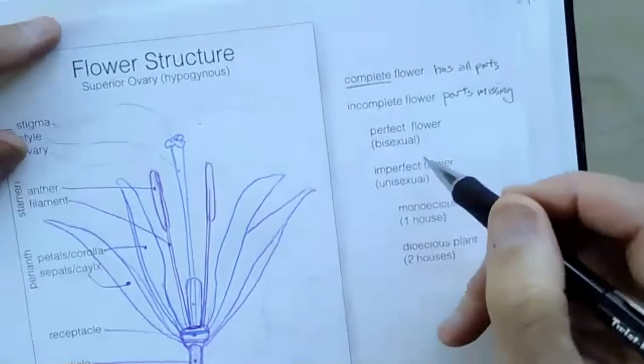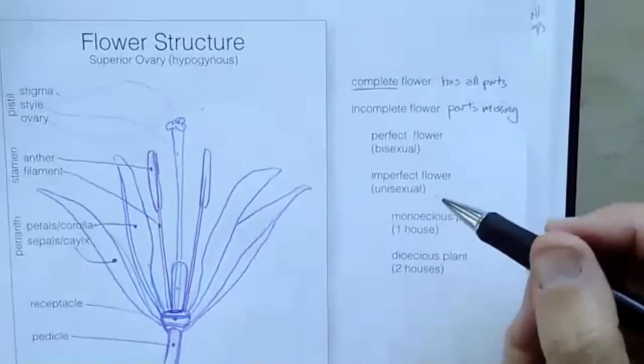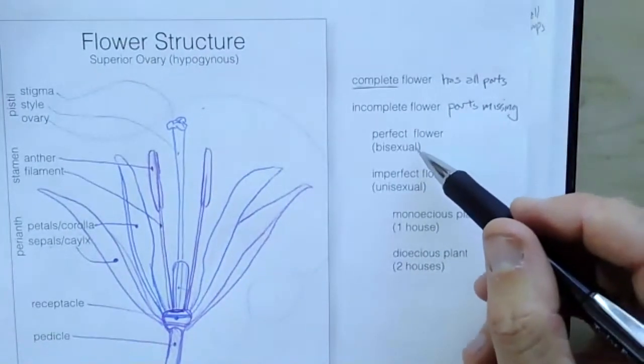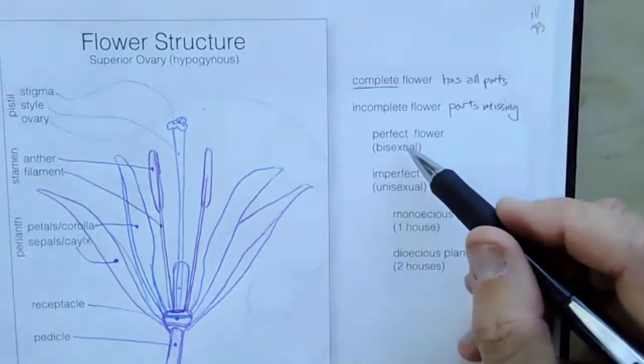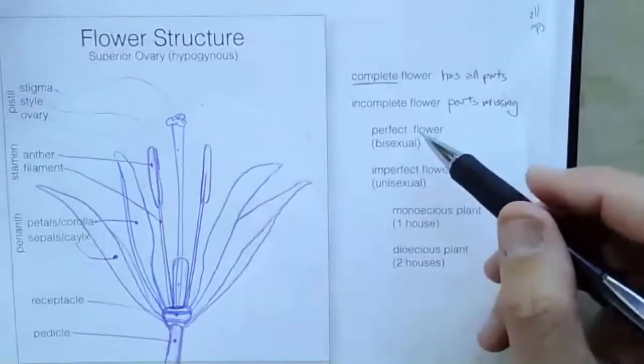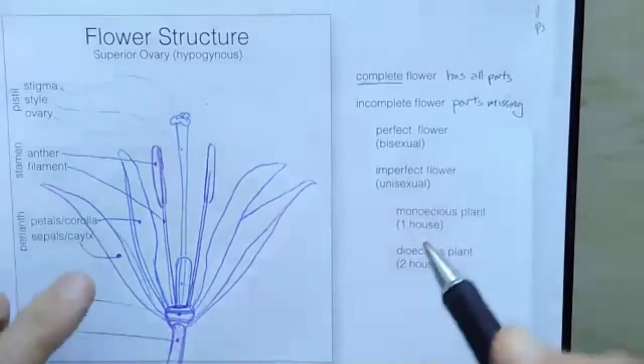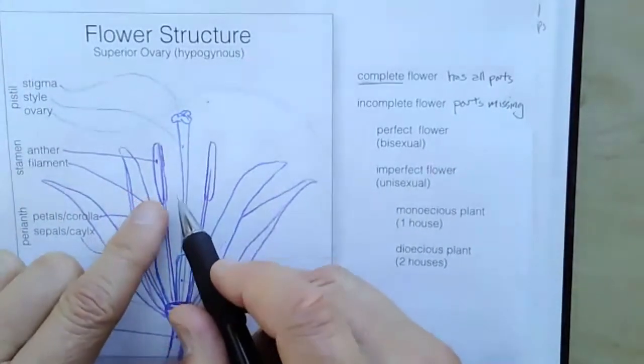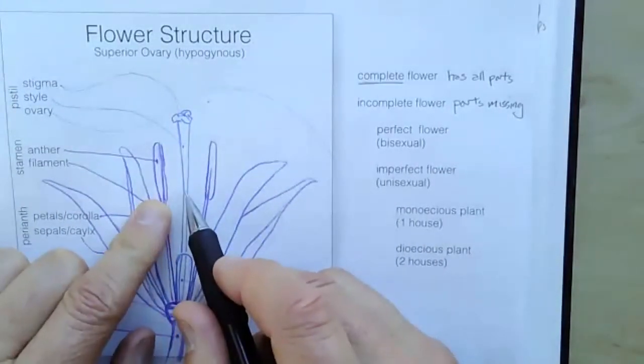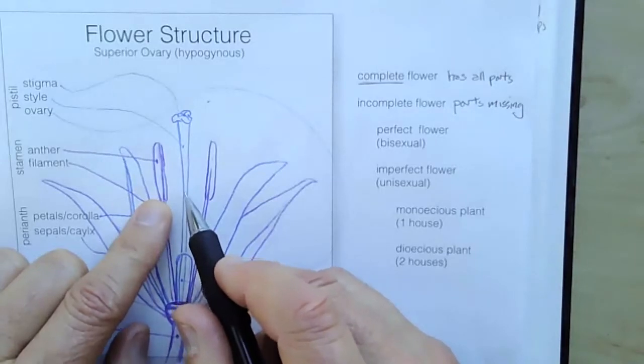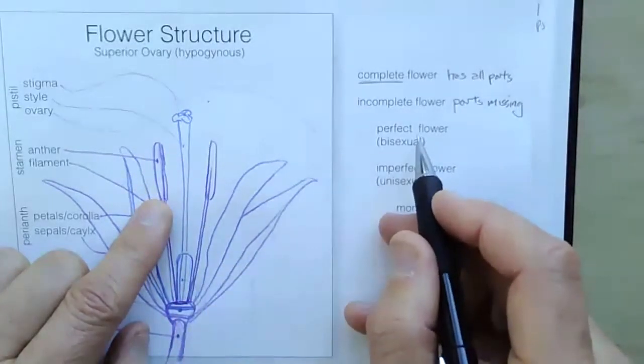And sometimes the incomplete flower, if it has in it the stamens and the pistil, it is a perfect incomplete flower.